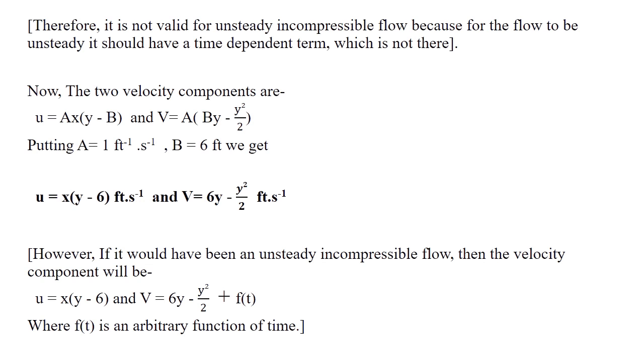But since this term f(t), the time dependent term, is not present, this question is not valid for unsteady incompressible flow. Okay, so hope you like this video. Thank you.